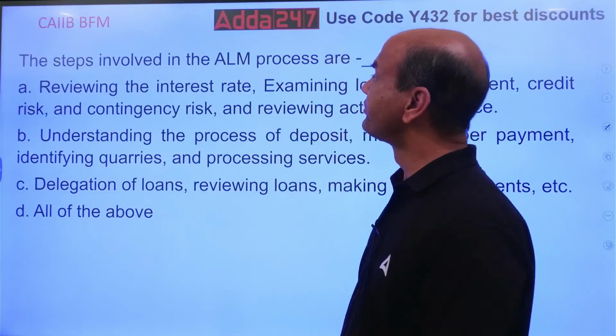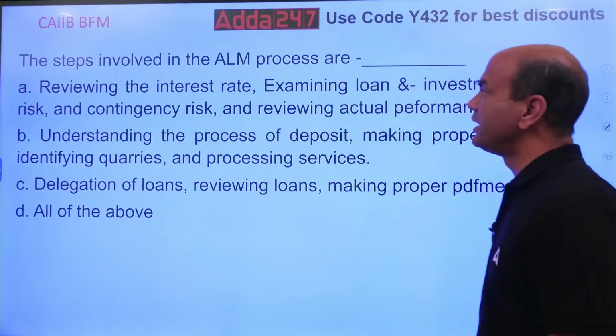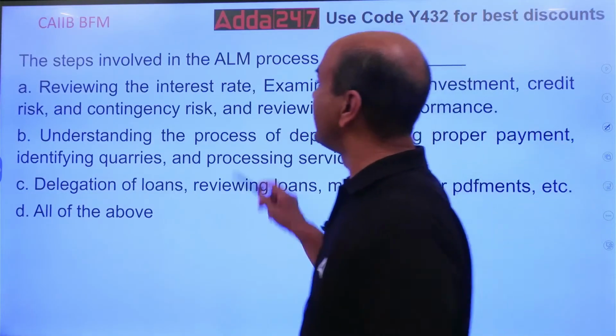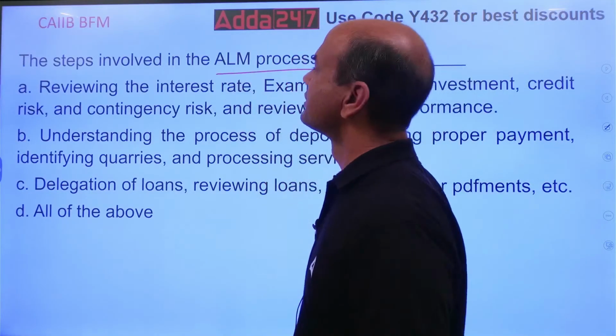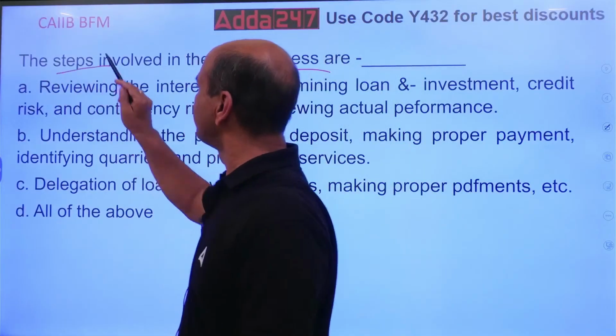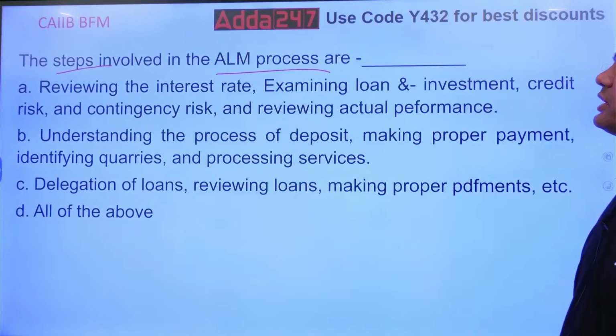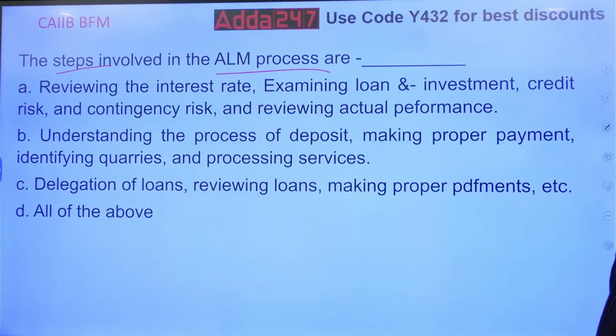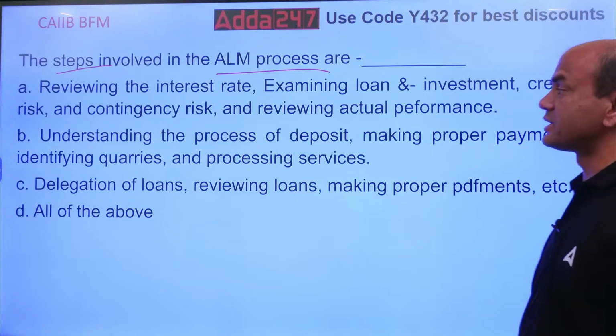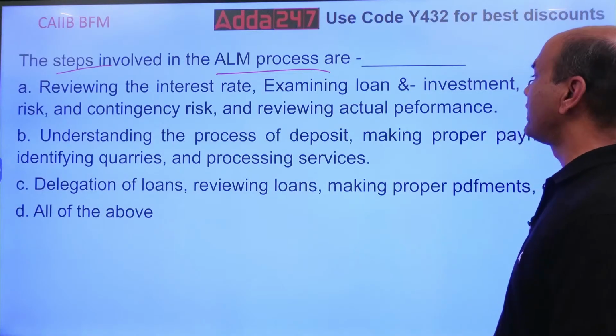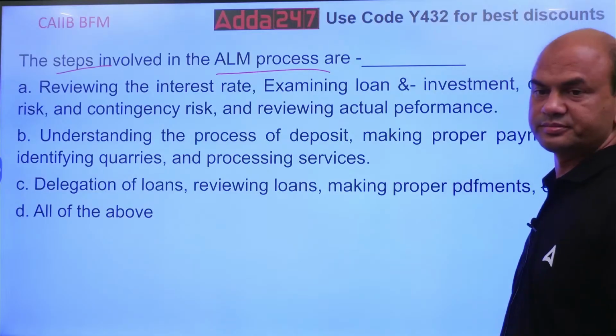Next one. The steps involved in the ALM process are. Let's read one by one. Reviewing the interest rate, examining loan and investment, credit risk and contingency risk, and reviewing actual performance.